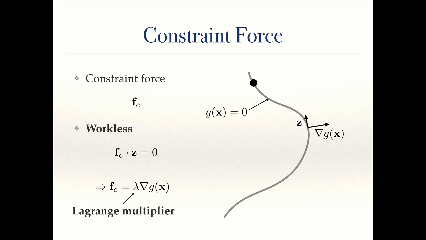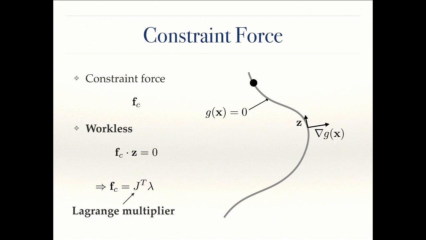In other words, if the constraint force is perpendicular to z, then it's going to point in the same direction as the gradient. So if the constraint force points in the same direction as the gradient, then we can write it down as the constraint force equal to the gradient scaled by some unknown value. That unknown value is often labeled lambda, and it's called the Lagrange multiplier. It represents the strength of the constraint force.